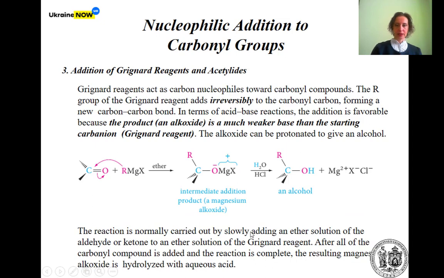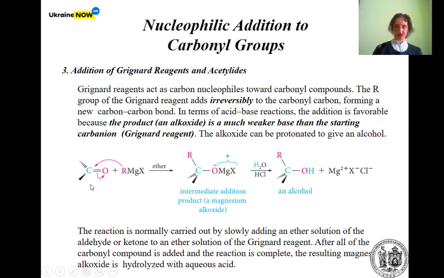The next group is addition of Grignard reagents. We have discussed this reaction when we discussed the reactions of alcohol formation. Depending on the type of alcohol that we need, we use different carbonylic compounds.